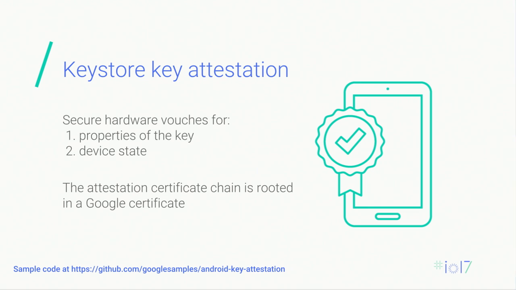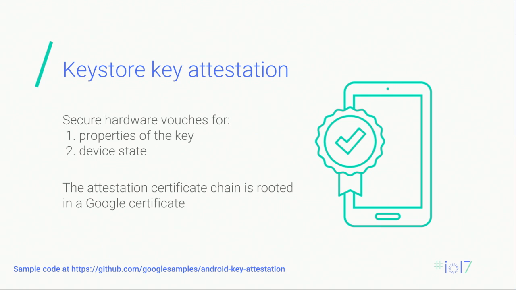With Android O, we're adding an attestation API for compatible devices, where at a high level, your server can talk directly to the secure hardware, the trusted execution environment on the device, and ask it to give you signed assertions about the properties of the keys that it protects, as well as about the properties of the device.